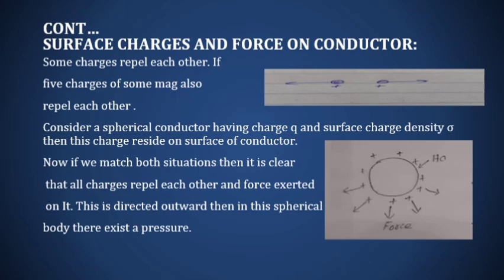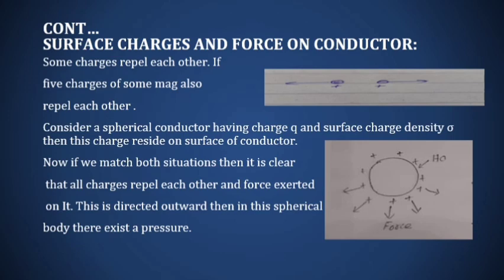Like charges repel each other, for example, positive charge repels positive charges, and positive charge attracts negative charges. That is to say, repulsion always occurs between like charges and attraction occurs between opposite charges.